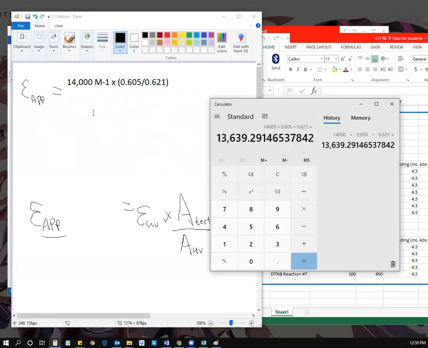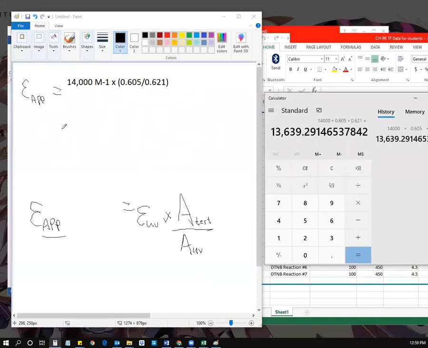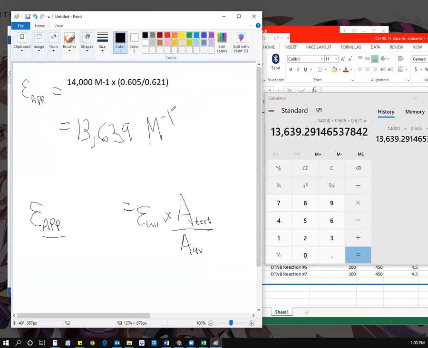And now my own custom apparent extinction coefficient for the remaining parts that I'm going to use for prompts B2 and B3 is equal to 13,639 per molar. So that's the value that I'm going to use for solving prompts B2 and B3.